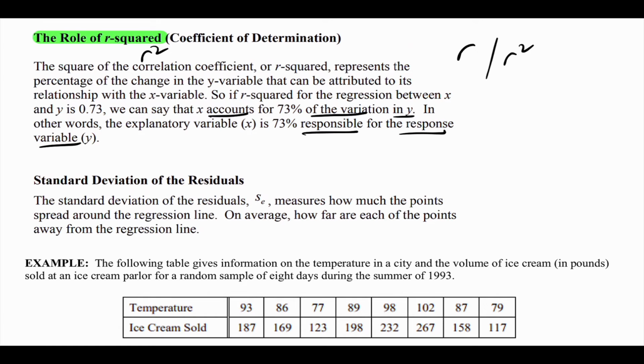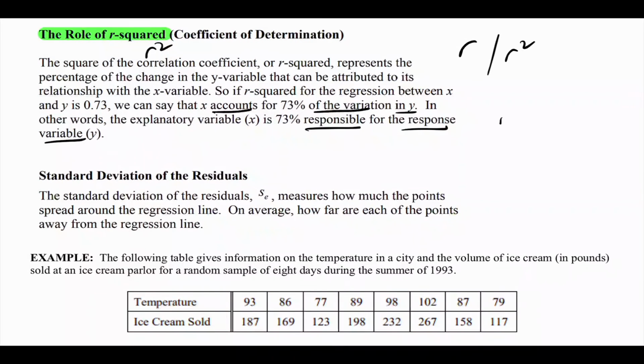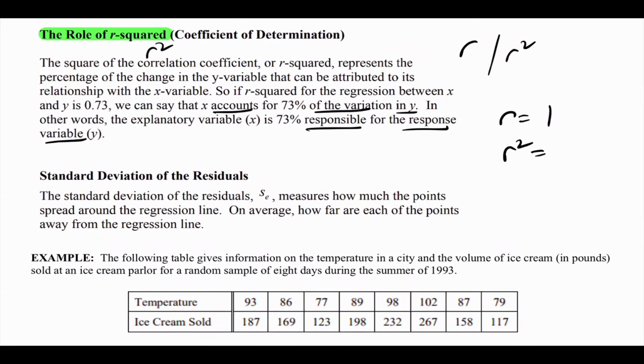So if I had an R squared of 1, or an R of 1, let's say I had an R of 1. What would that R squared be? I don't think you need your calculator for that one. That's 100%.